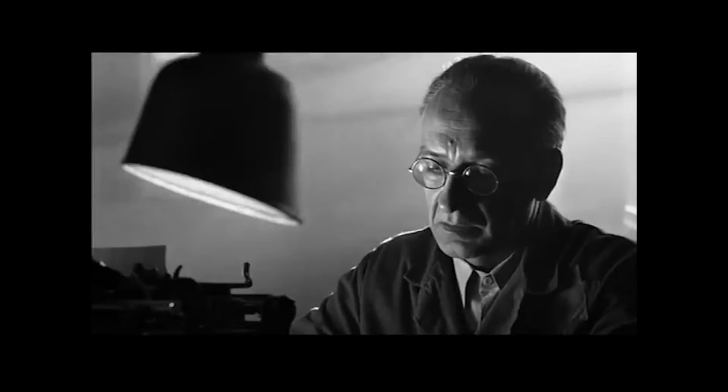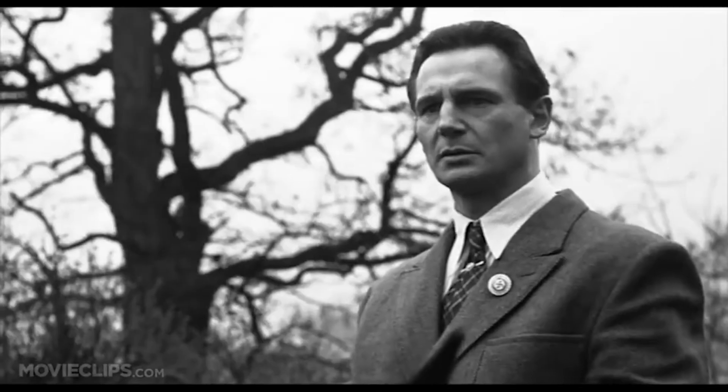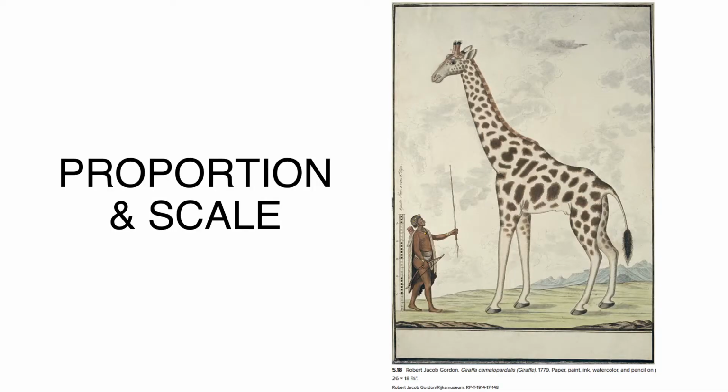Alright, so that's Steven Spielberg's Schindler's List. Next principle of design that we're going to be talking about is proportion and scale. Proportion and scale both have to do with size. Scale means the size in relation to a standard or normal size.